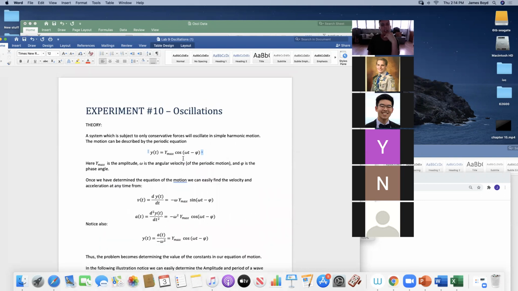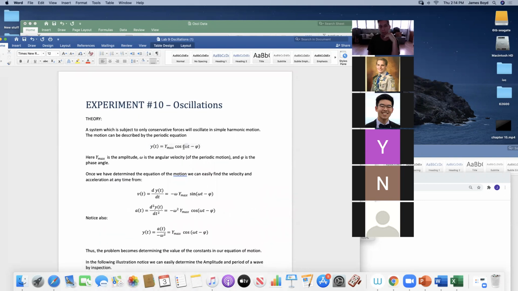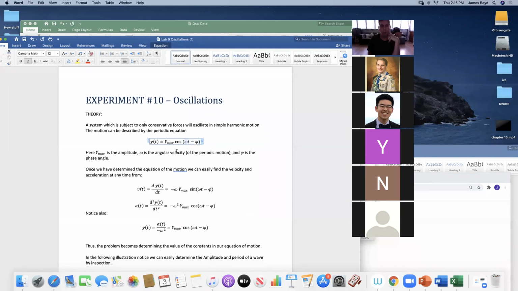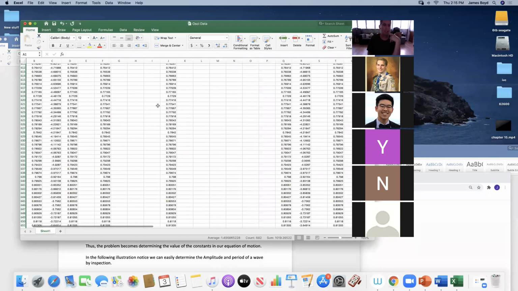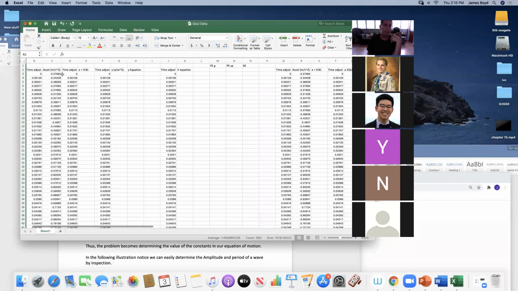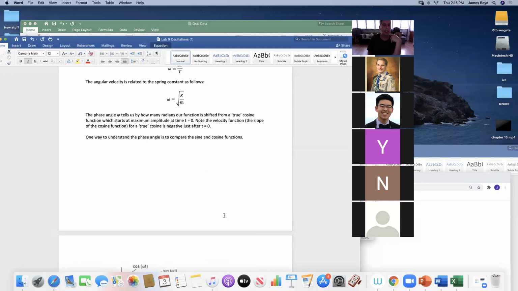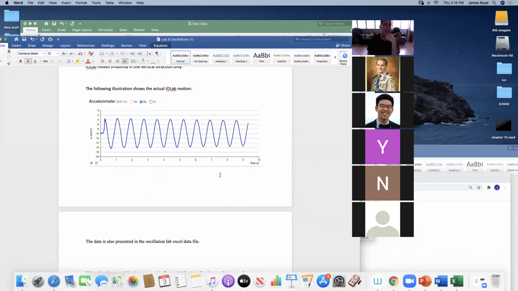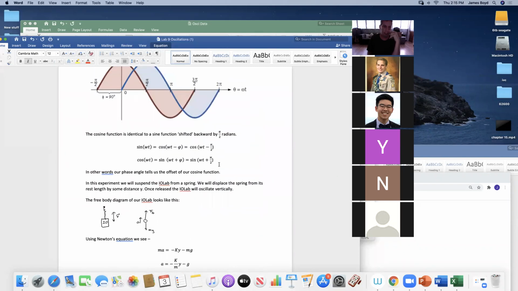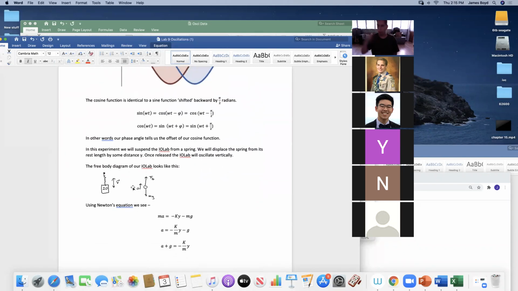So now going back to this, we now have omega. We have the first of our three variables that we want to find, y. However, this data is giving us the acceleration. And if we go back to the free body diagram of the IOLAB, we see that there's a force of a spring, which remember, spring force is minus ky or minus kx, y in this instance because y is our position variable.